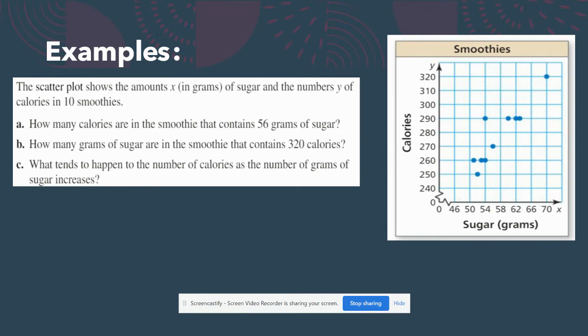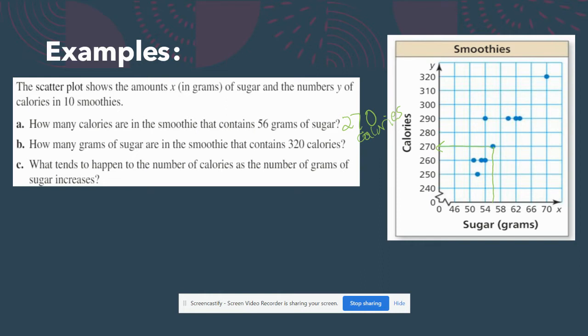So, this is going by fours. Halfway between 54 and 58 would be 56. There's a dot right there, and it looks like 270 calories would correlate with 56 grams of sugar.